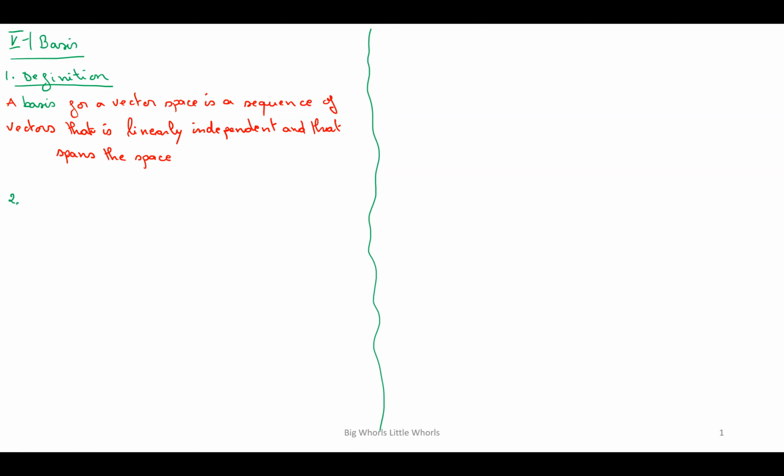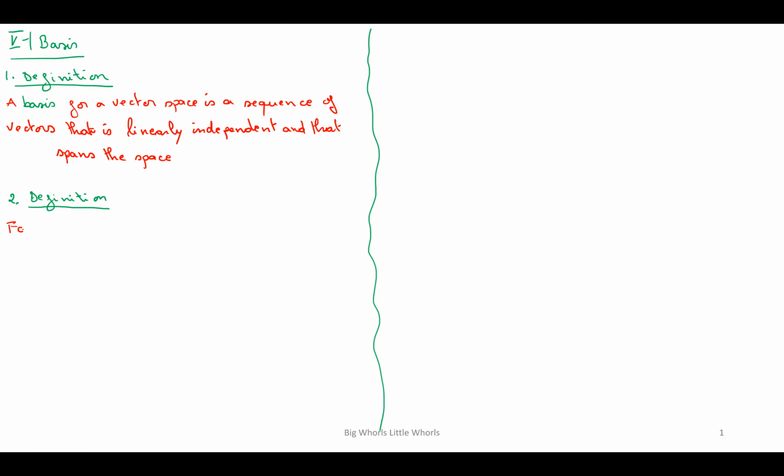Number 2, let's see the definition of standard basis. Okay, so definition of standard basis.